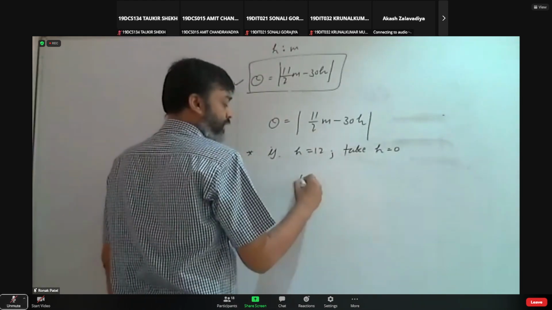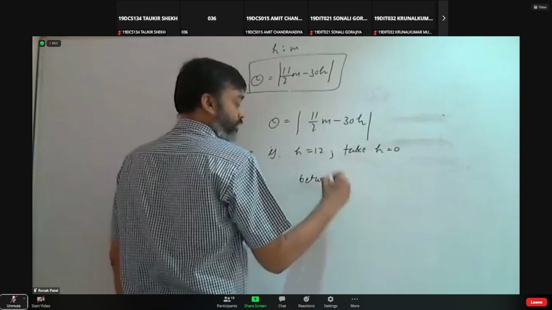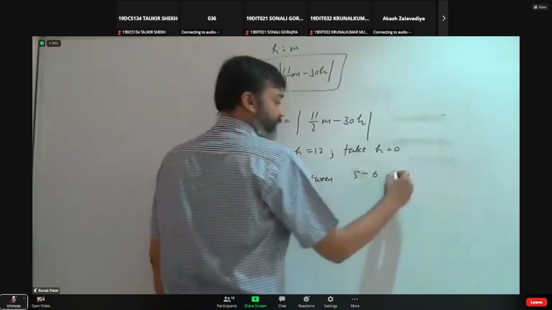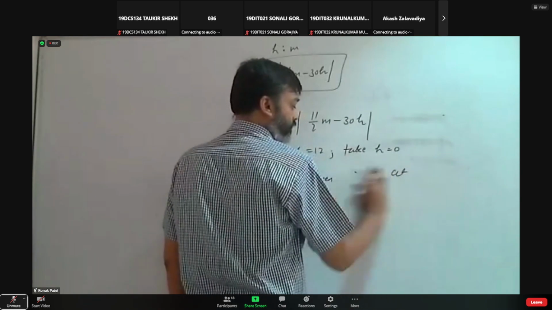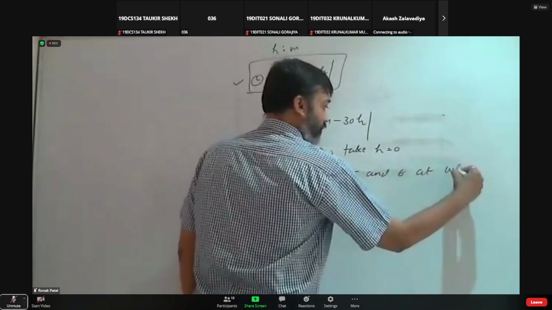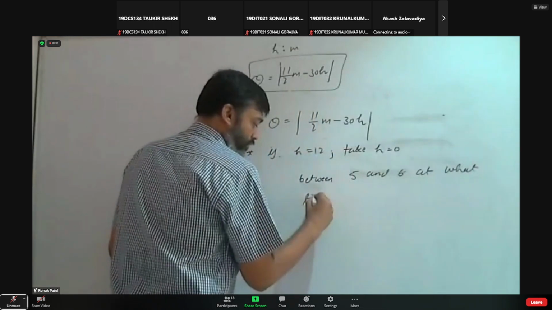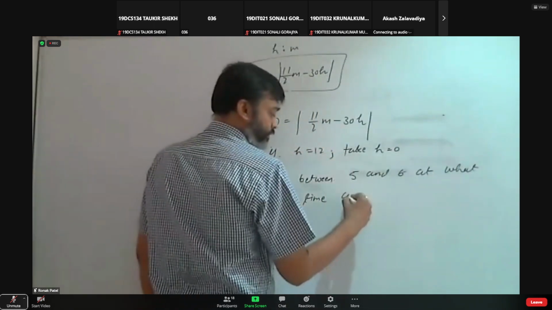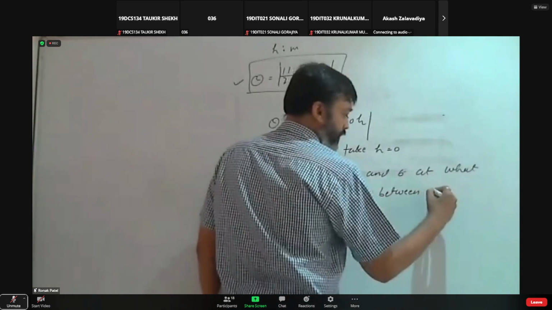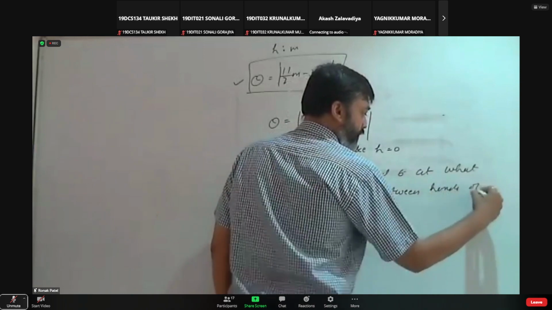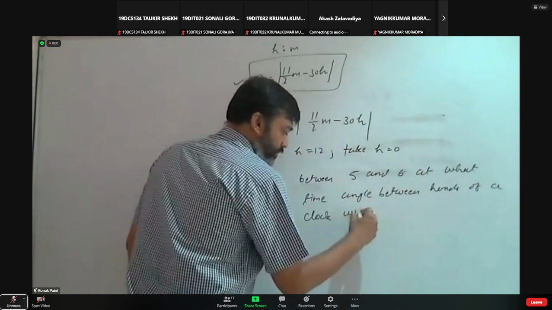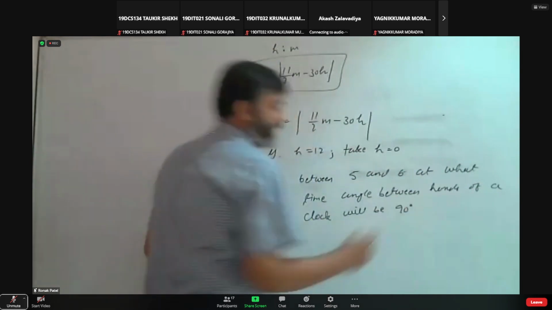Suppose it is given that between 5 and 6, at what time will the angle between the hands of a clock be 90 degrees?